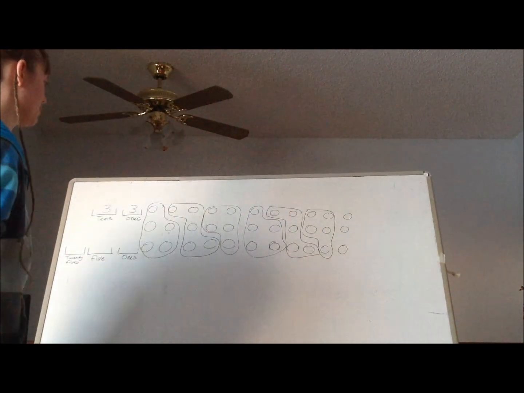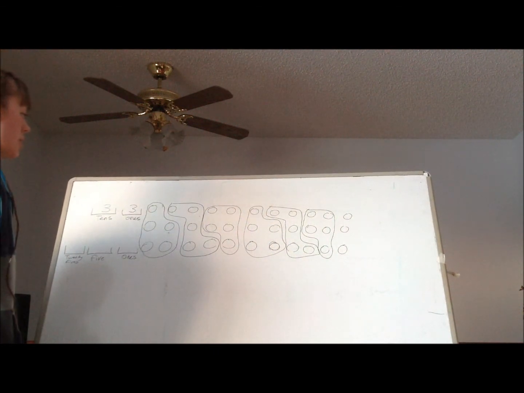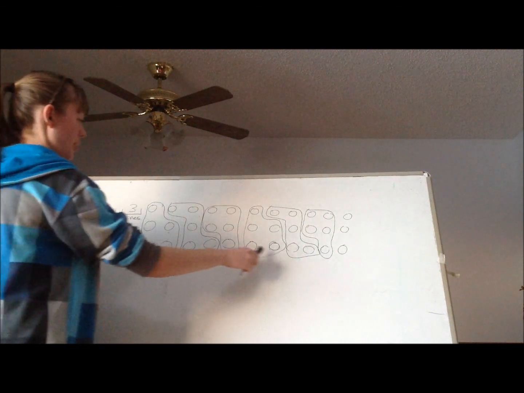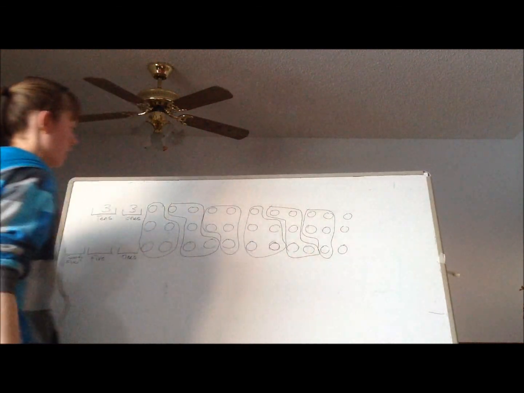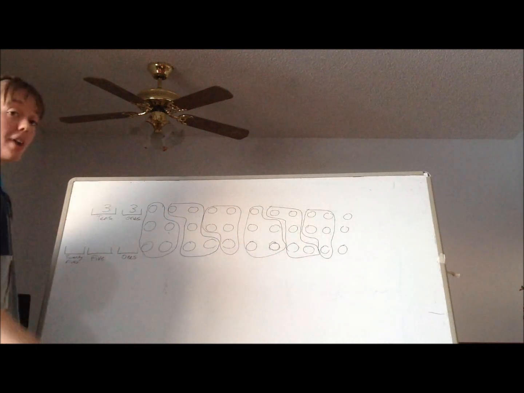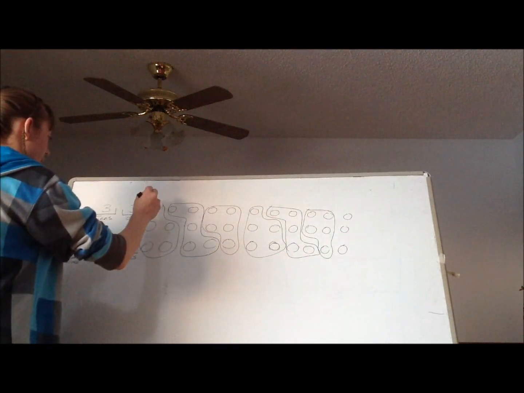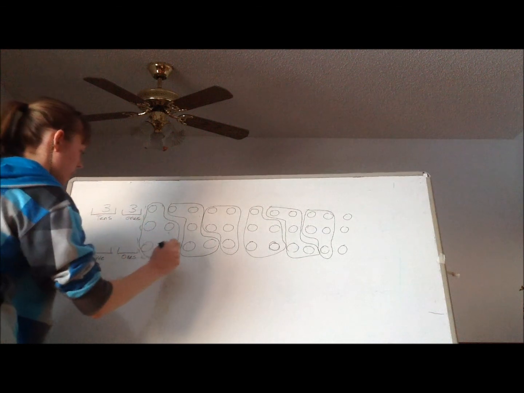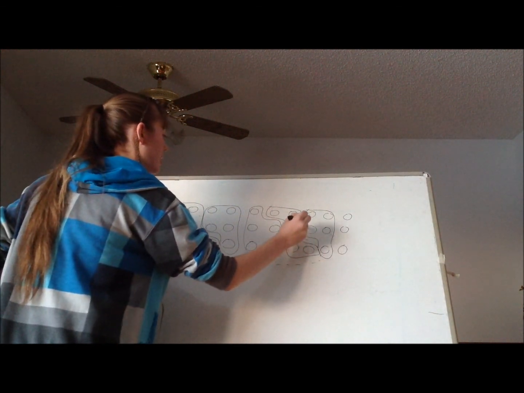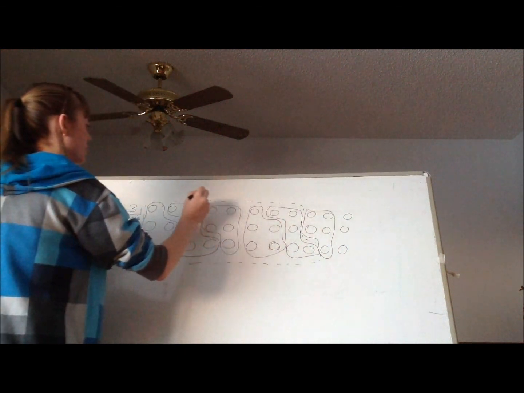That's all we got. So, how many groups of 5 do we have? 1, 2, 3, 4, 5. That's 5 groups of 5, so we should put another box to indicate that this is another group.